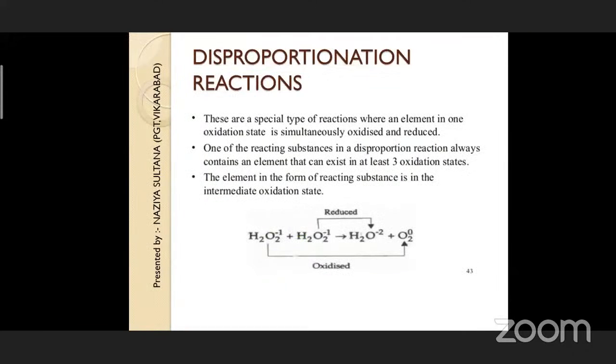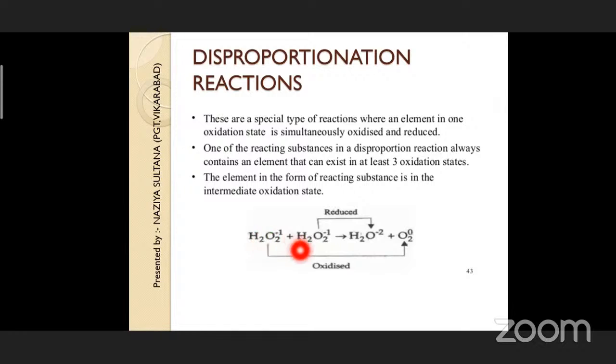And disproportionation, what is it? It is nothing but same oxidation numbers only. Here you see hydrogen peroxide, H2O2, -1 only. Okay, peroxide, yesterday I told you. In the case of peroxides, the oxidation number of oxygen is -1.